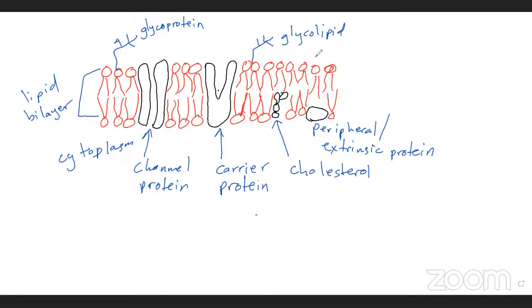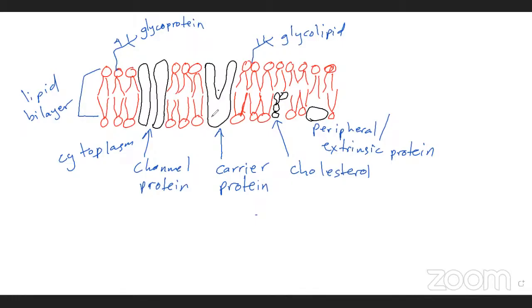All right, from this membrane, what we're going to focus on now is the channel protein and the carrier protein. So remember now, we know from grade 9, grade 10 coming up, you learned that the cell membrane is semi-permeable, right? So certain things can pass through, certain things will not.